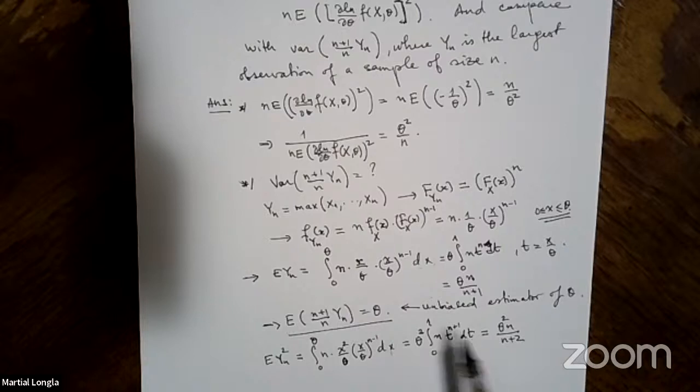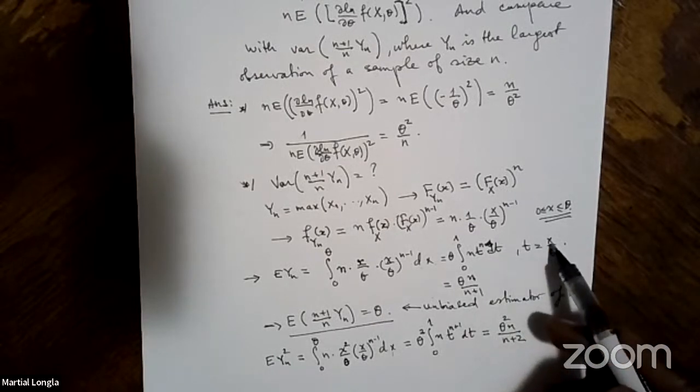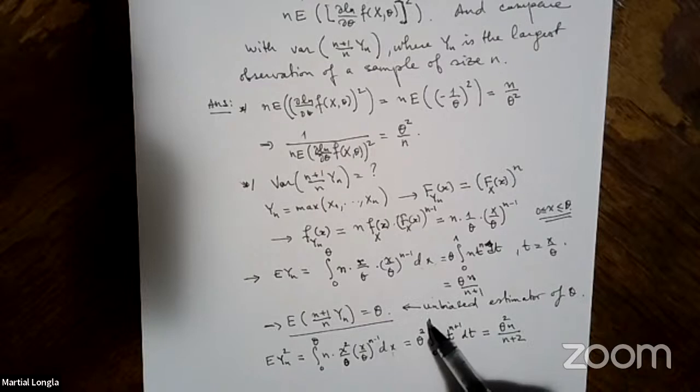Yeah. So when you do the change of variable, t equals x over theta. When x is theta, t is 1. That's why you get 0 to 1. When x is 0, t is 0. So you're integrating 0 to 1 and everything is gone. If you try to do what you're saying, you might still get the same answer after spending 10 more minutes.